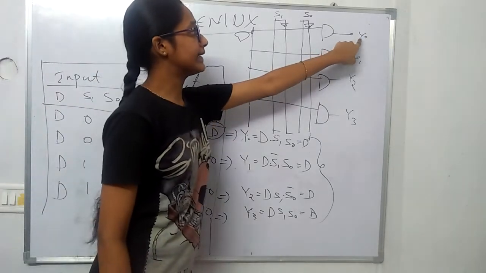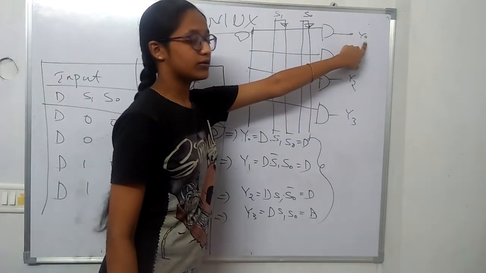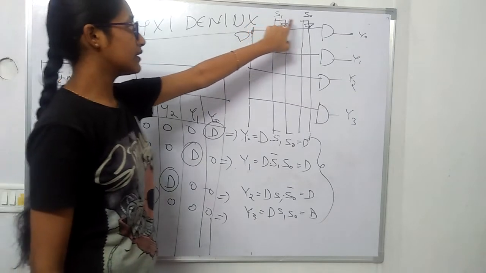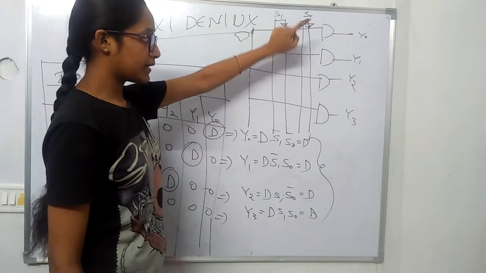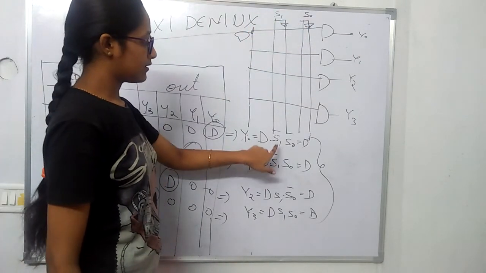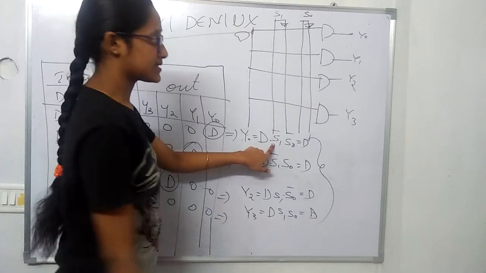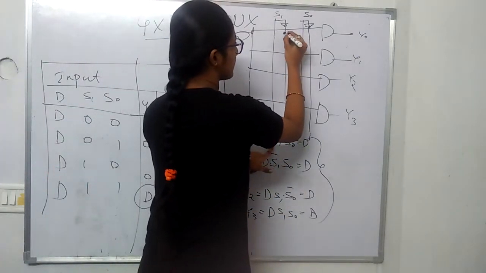To get the data at Y0, you have to make S1, S0 as 0, 0. But how will you implement it here? Here you implement with bars, so inverters you have to take.